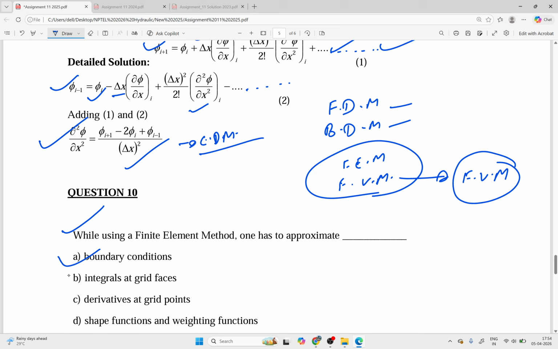Option A, boundary conditions; option B, integrals at grid face; option C, derivatives at grid points; option D, shape function and weighting function. So you have four options.